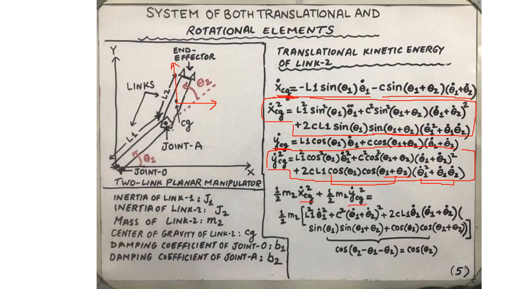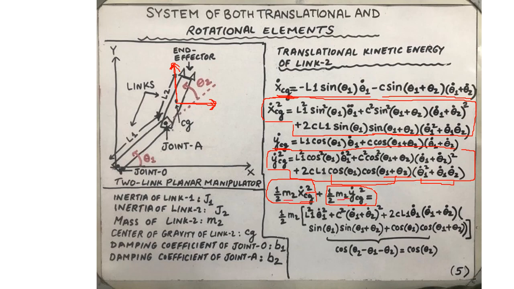So remember, xcg dot square represents the translational kinetic energy of link 2 along x-axis, which is this term, and the kinetic energy of link 2 along y-axis is this term, the one that contains ycg dot square. The mass at the center of gravity of link 2 is the same in both cases, that is m2.